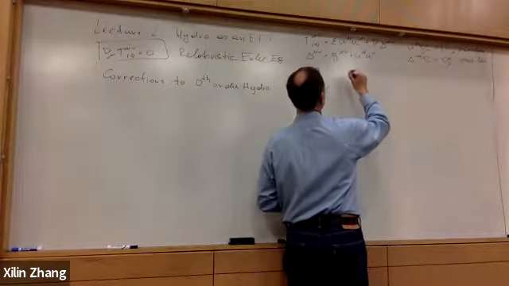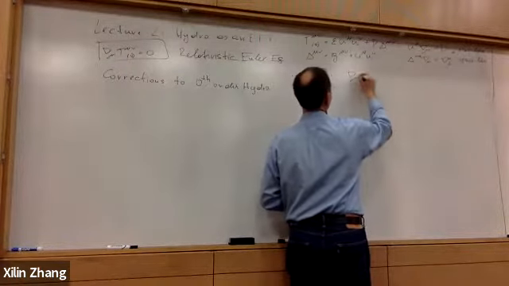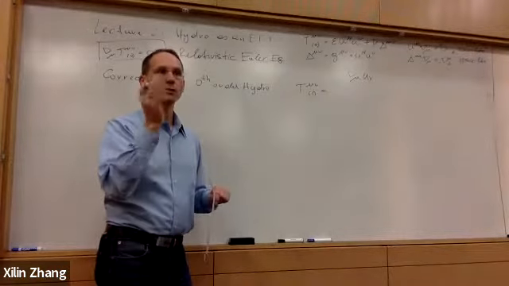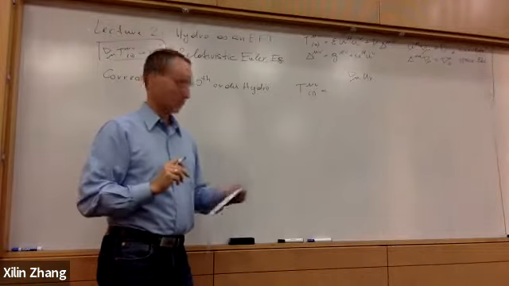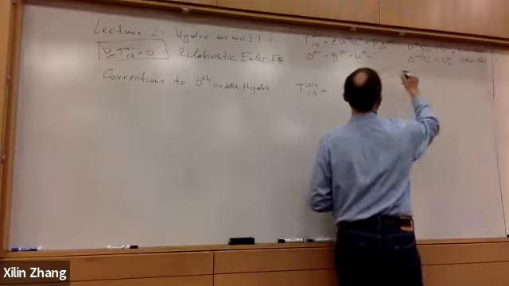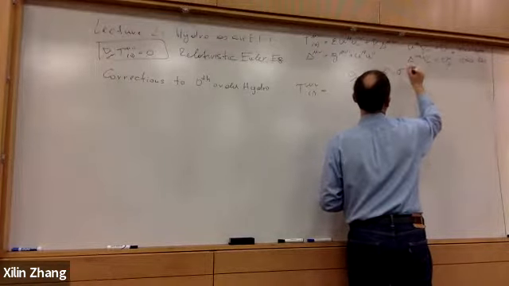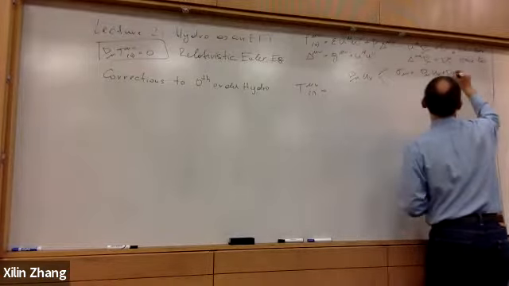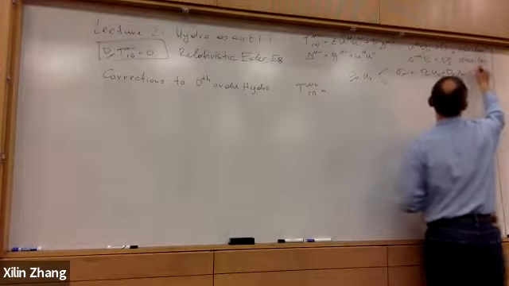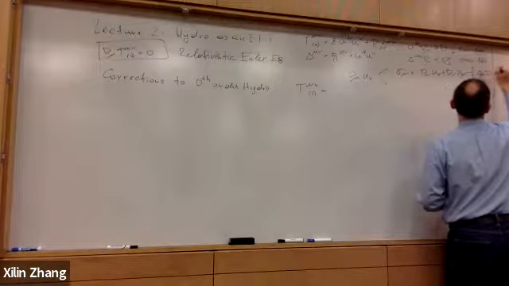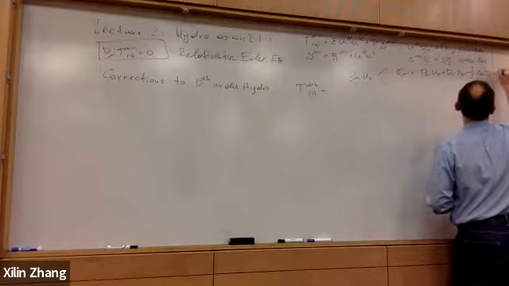We can write down things that involve gradients of the fluid velocity suitably symmetrized. So for instance, there's a term that looks like this, sigma^mu nu, which is d^mu u^nu plus d^nu u^mu minus 2/3 delta^mu nu d_alpha u^alpha.